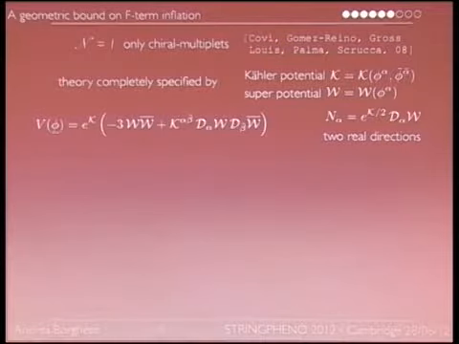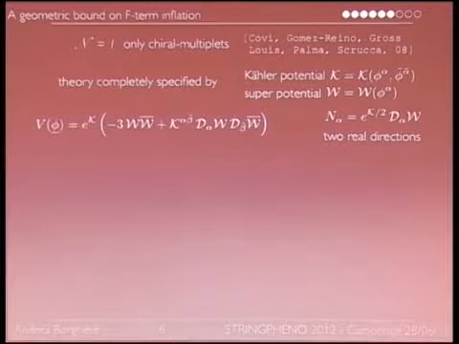And we derived a bound related to these particular directions in the context of N equals 1 supergravity with only chiral multiplets. So this is usually called F-term supergravity, F-term inflation. The theory is completely specified by the Kähler potential and the superpotential, and the sgoldstino directions are given by this projection, where alpha is a collective index on the chiral fields.